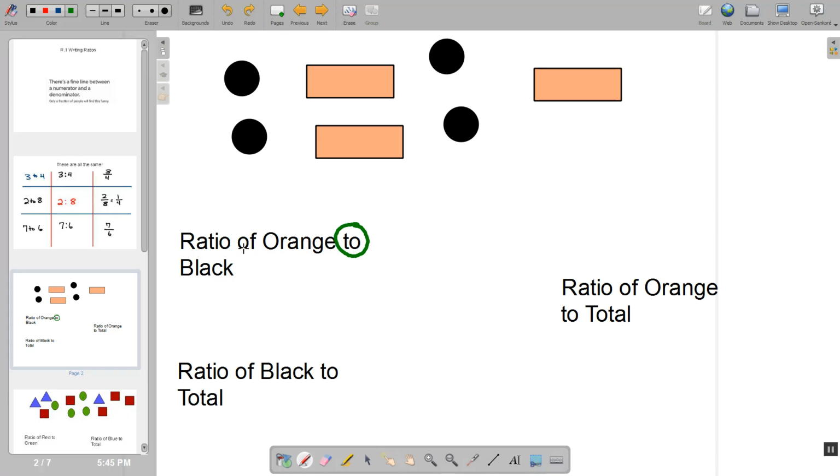So if I have the ratio of orange rectangles to black circles, that means the top of my fraction would be 1, 2, 3 orange rectangles, and the denominator of my fraction would be 1, 2, 3, 4 black circles. Now I can write that as 3 to 4, 3:4, or of course 3/4. All of those are acceptable, and it just depends on what you're trying to do with that problem on which form is going to be most correct.